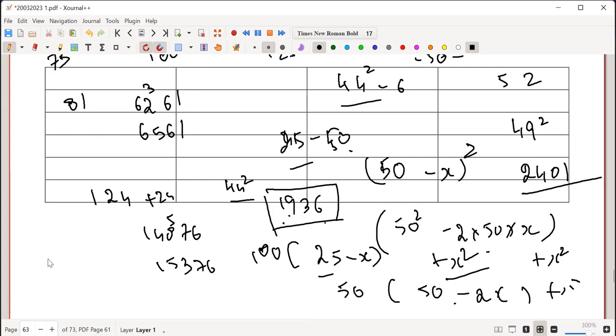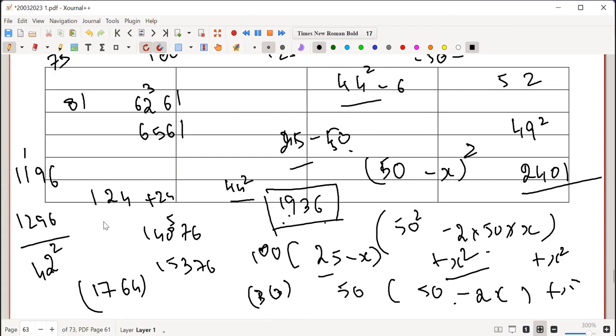If I'm asking for 42 square, it's 8 less than 50. 25 minus 8, 17. 8 square, 64. And if I'm asking for 36, 14 less than 50. 25 minus 14, 11, 196. Okay, this is what you have to do.